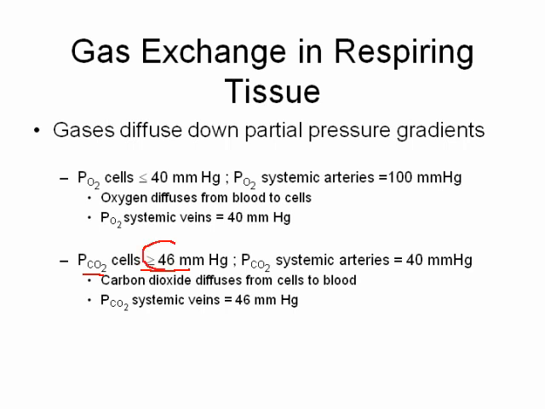Greater metabolic activity, of course, means that this value will be even higher. Within the systemic arteries, arterioles, the arteriolar end of the capillaries, of course, we have a lower partial pressure for CO2. So the CO2 will move down its partial pressure gradient, diffusing from the cells into the blood. And the blood leaving the capillaries is, of course, going to have equilibrated with the CO2 within the tissue.